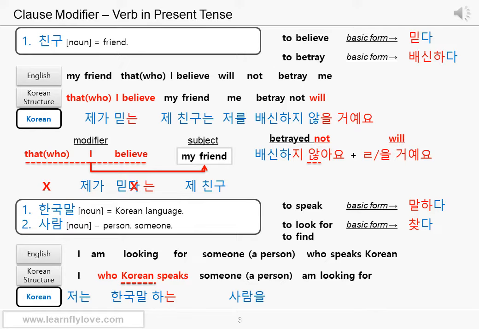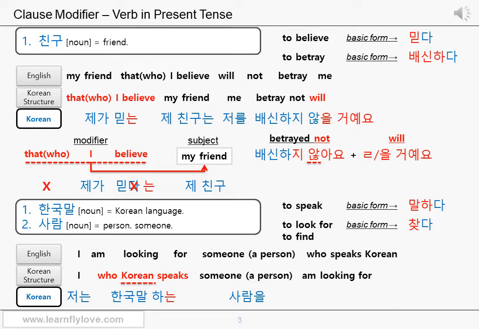Someone, let's just use a person, 사람, and add the object particle 을, 사람을. We told you that you can translate someone into 누구, which is the same translation of the interrogative who. Yes, you can use 누구 here too. 누구를.